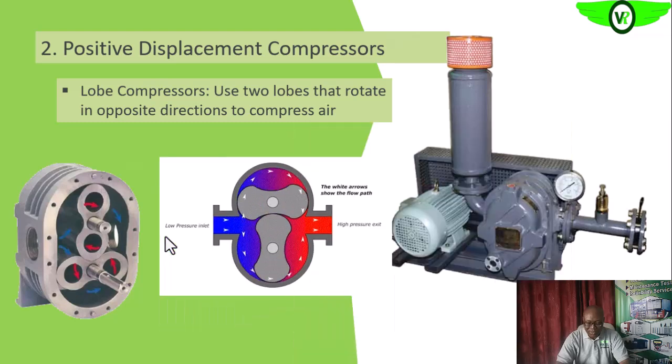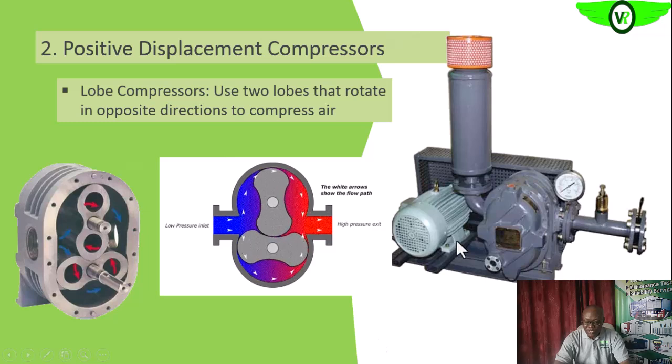So that is what you are seeing here. It traps the air or gas, and as it's moving, reduces the volume to compress it and then discharges. So this lobe is compressing while this one is also compressing simultaneously. So that helps to reduce the pulsating effect if it were only one lobe doing the compression. So this is the rotary lobe compressor.